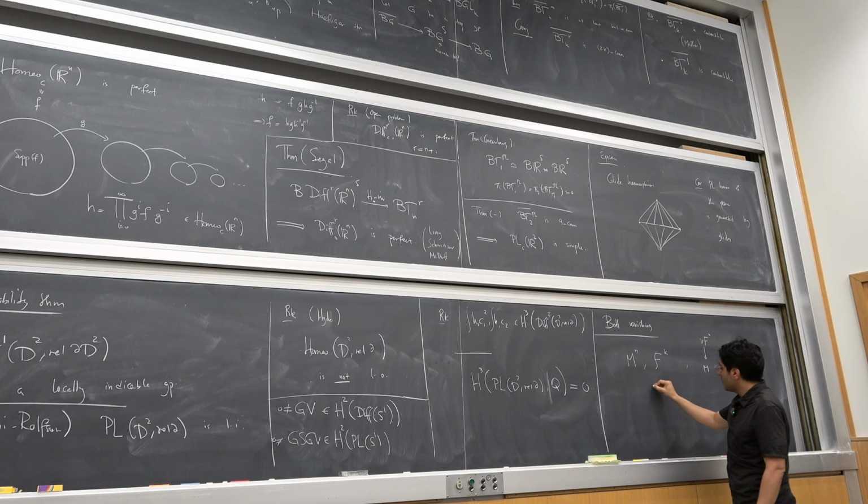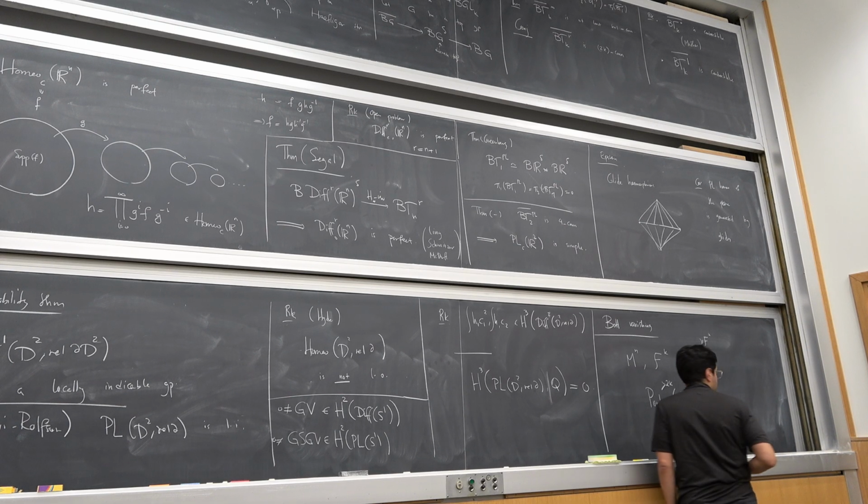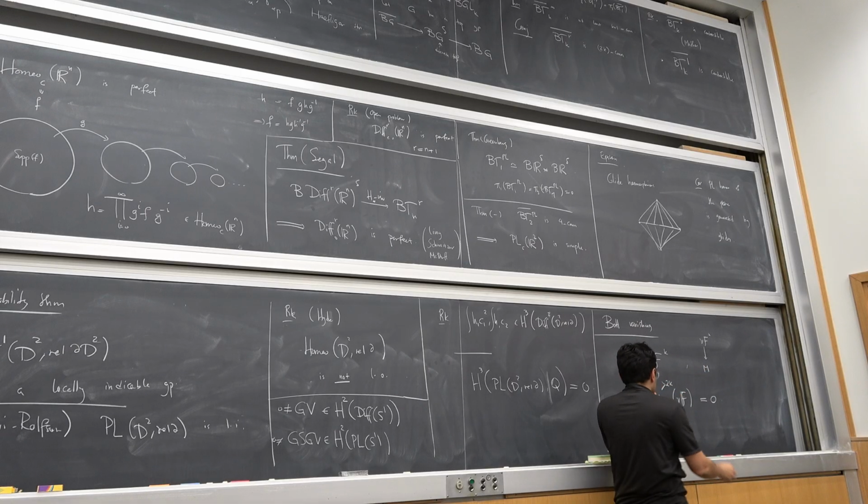And it tells you that if you look at the Pontryagin monomials of degree bigger than 2k, it's going to be 0 rationally.